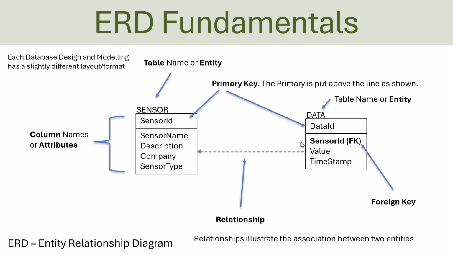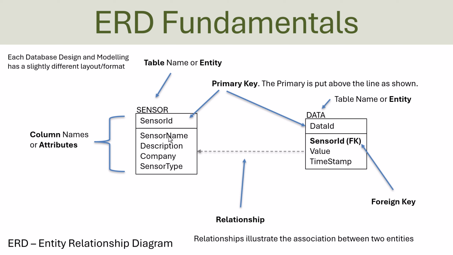And then we have the same here. Data ID is the primary key in this table or entity. And then we have the sensor ID, which is the foreign key, and that's the relationship between this table and this table. And then we have other attributes or columns, in this case value, timestamp, and then we could of course have other attributes, etc., but those are just some examples.